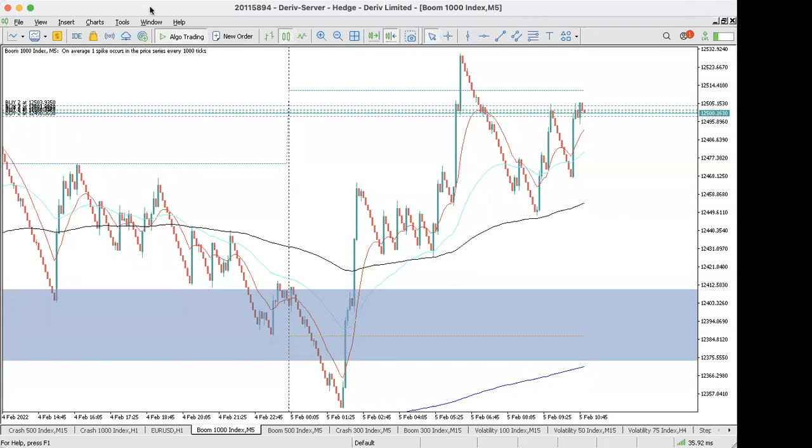I'm just going to scale in there. Okay, so I got all my money on B1.